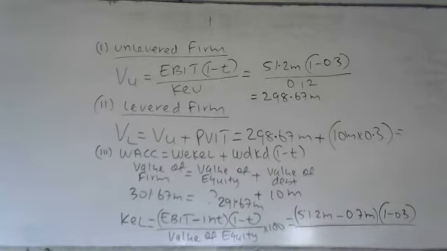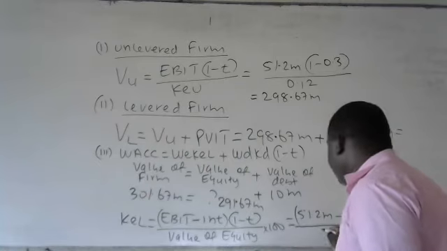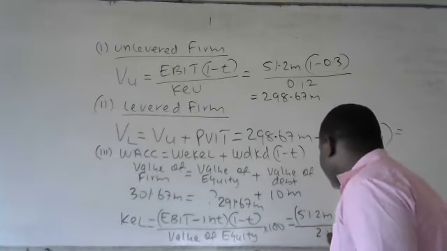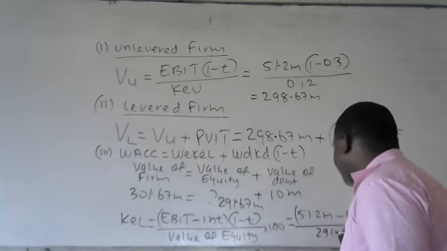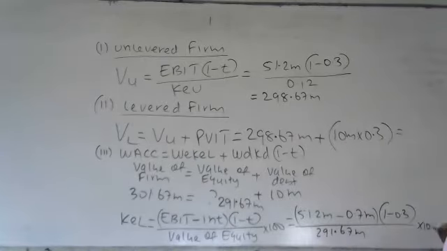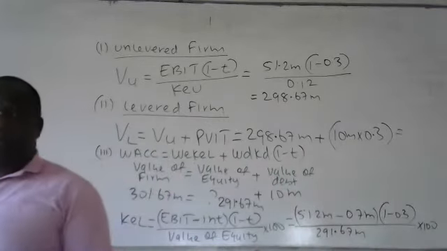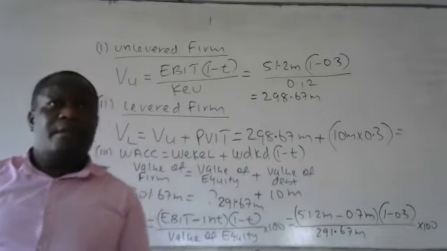Divide by the value for equity, which is now 291.67 million. Then express that part as a percentage.